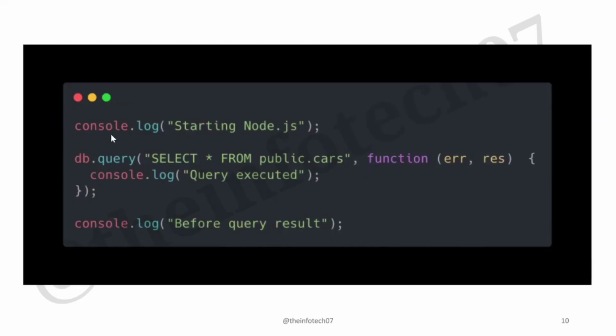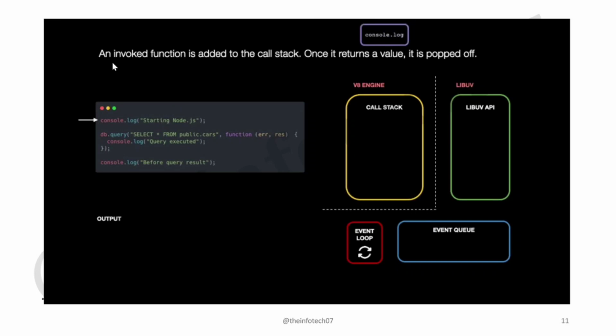I will show you how these 3 lines of code execute with an animated event loop. First, an invoked function is added to the call stack. Once it returns a value, it is popped out.